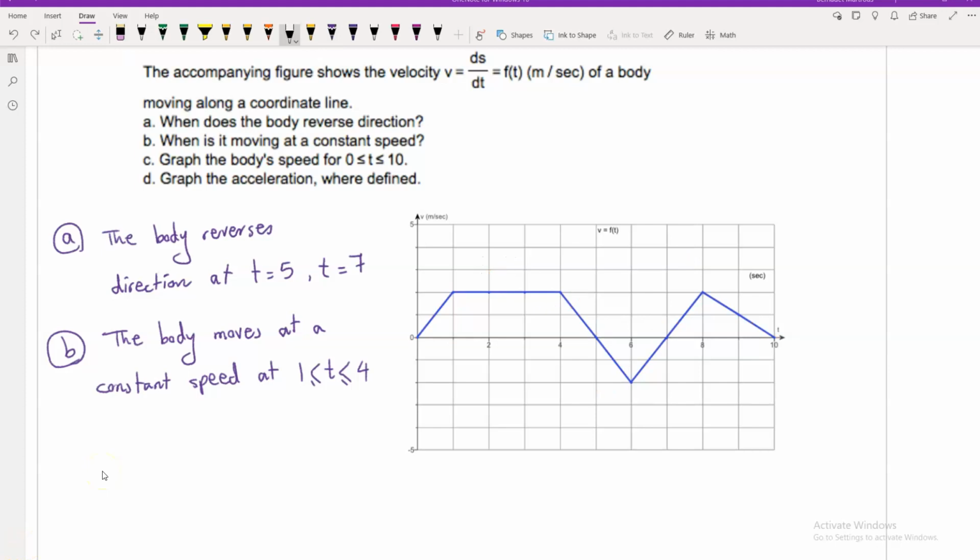Now part C, graph the body speed for 0 less than or equal to t less than or equal to 10. So this one is speed, and that is the absolute value of velocity. The part where we have negative velocity was starting from this point up to this point. This part is negative, but we should have positive for speed. So instead of this part, I should have this one here on top.